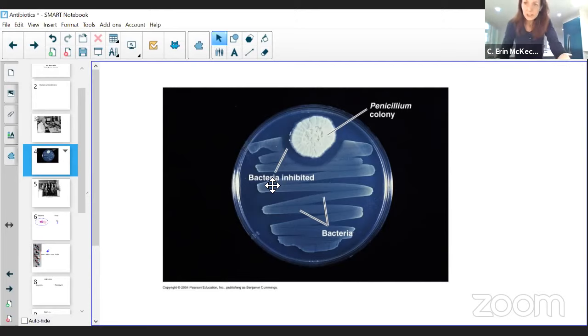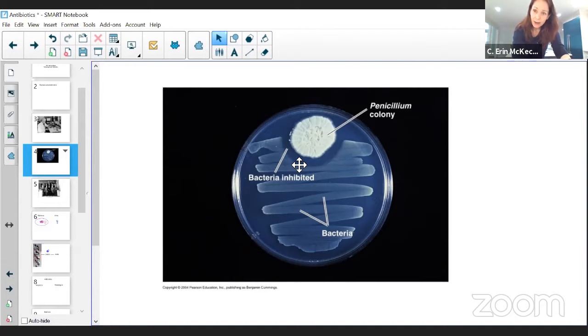He had petri dishes in his lab, and he noticed that on one of the petri dishes, which he had bacteria on, there happened to be a little bit of mold in the region of the petri dish. He noticed that the bacteria on the dish, right around here, do you see where I'm highlighting this area? He noticed that bacteria were unable to grow near that mold.